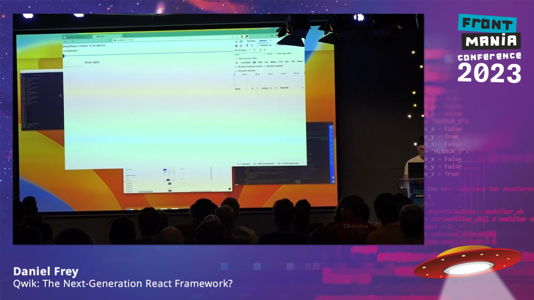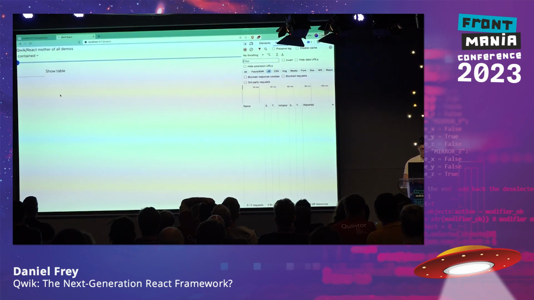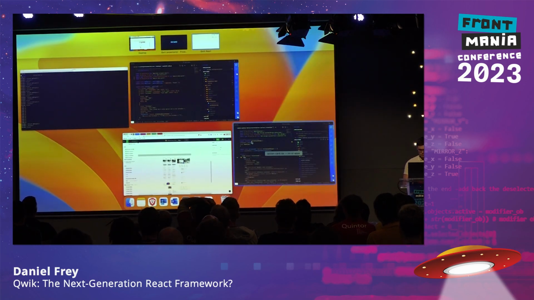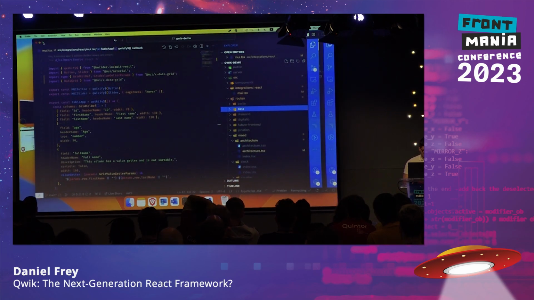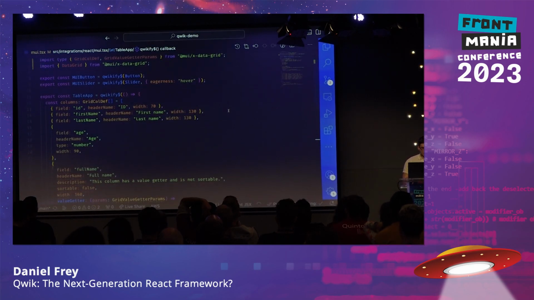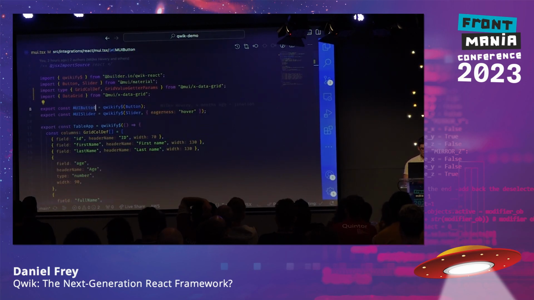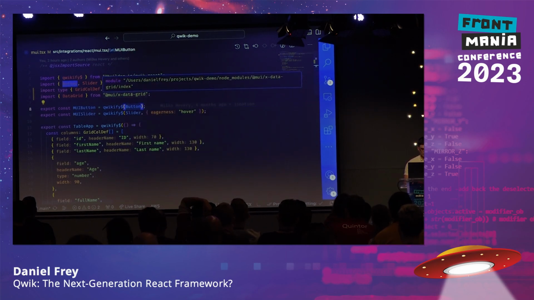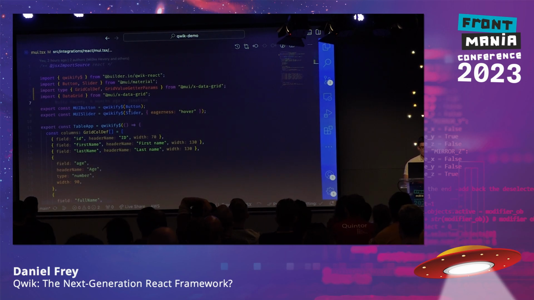So first off, let me open my VS Code and show you how the code looks. Let me make it a bit bigger. I have this MUI button and this slider, and they're all being imported from MUI Material, right? Then I'm taking the button and passing it through qwikify, which is a function imported from Qwik React.